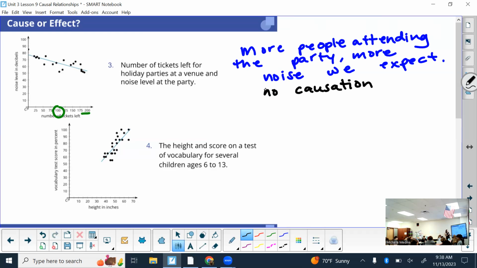Okay. Now, the height and score on a test of vocabulary for several children, ages 6 to 13. So table 4, why is there a strong relationship between height and vocabulary test score?